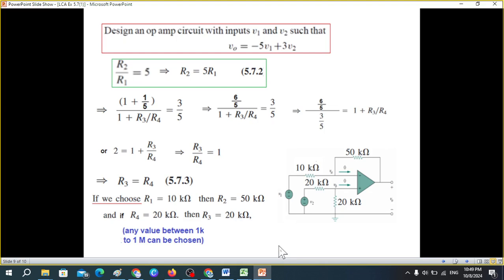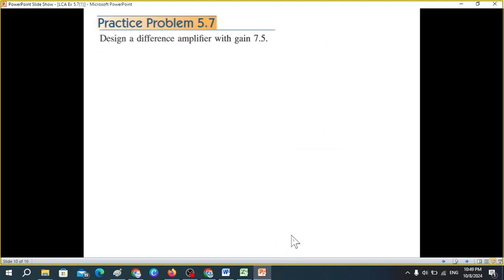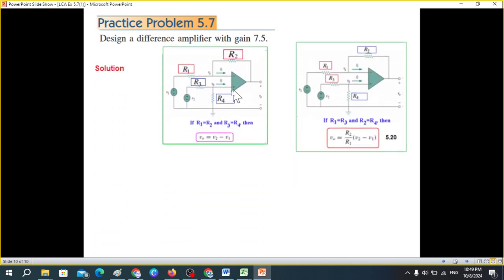Okay, now let's move on to the practice question. The practice problem is design a difference amplifier with gain 7.5. Okay, now we had learned these two conditions. In this condition, there is no gain, or gain is 1 actually. If you take these two commons, then gain is 1, and that is fixed.